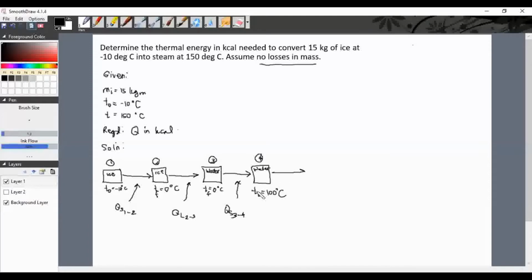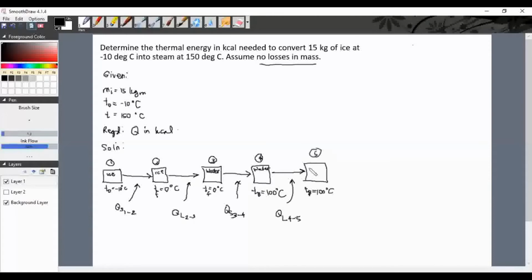Next. Now, itong water natin, i-convert natin into a gaseous form, no? But still, temperature remains the same. So, 100 degrees Celsius siya. So, kailangan natin ng, again, latent heat, let's say, from condition 4 to 5. Ito yung ating condition 5.